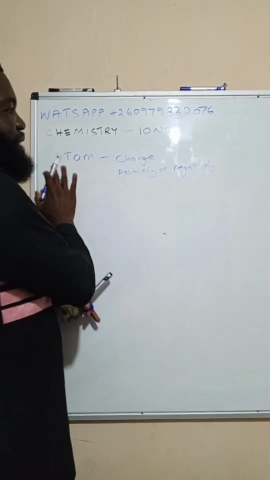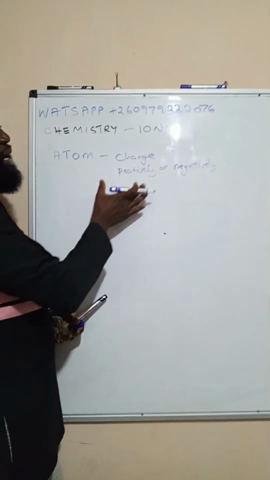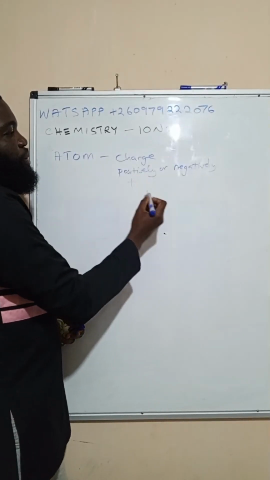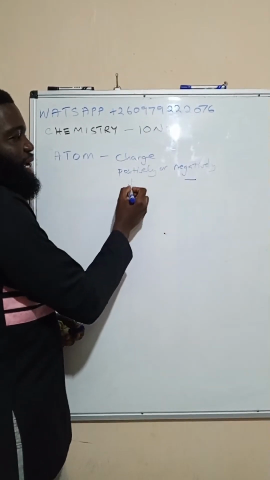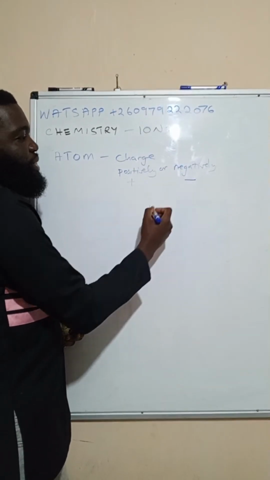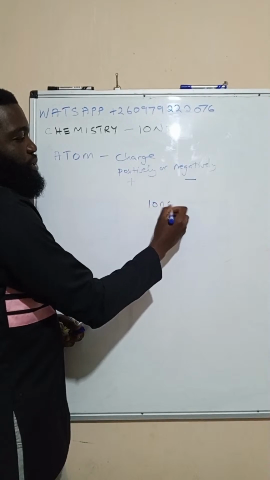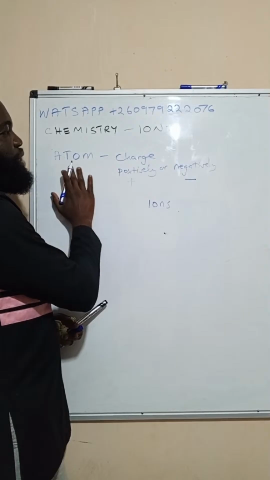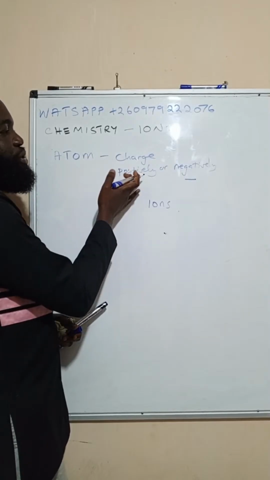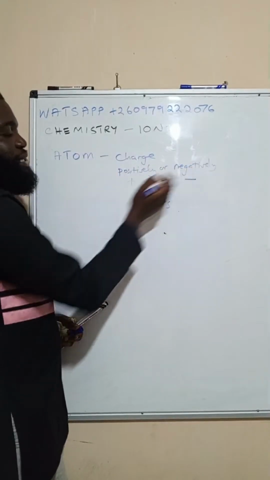So these charges that are either positive or negative are what you call ions. So an ion simply means an atom that has been charged either positively or negatively.